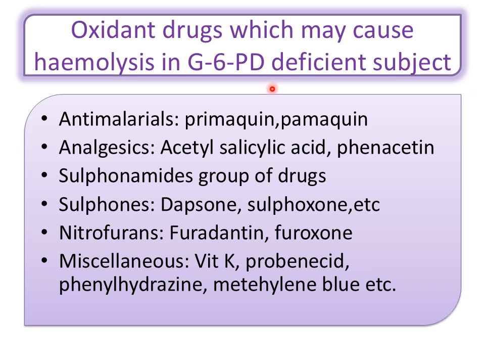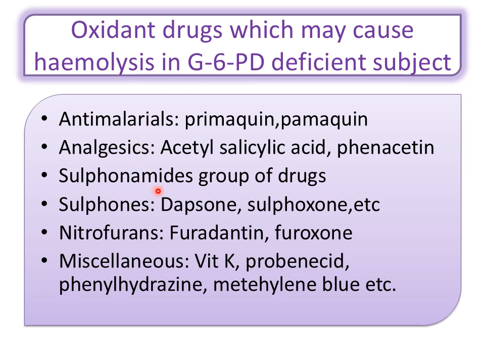That NADPH will produce reduced glutathione, and that reduced glutathione will remove the hydrogen peroxide produced by the oxidant drug. So reduced glutathione is maintained by NADPH, and NADPH is produced by glucose 6-phosphate dehydrogenase or the HMP shunt.